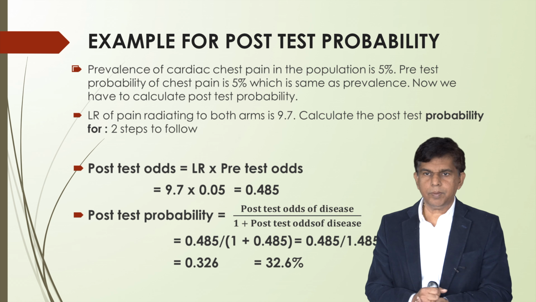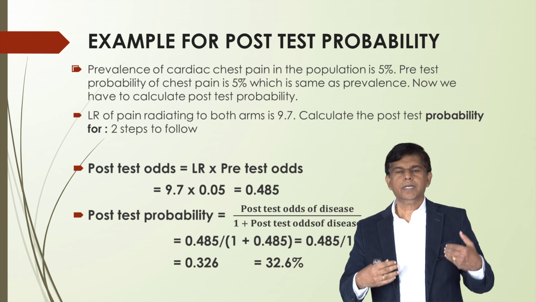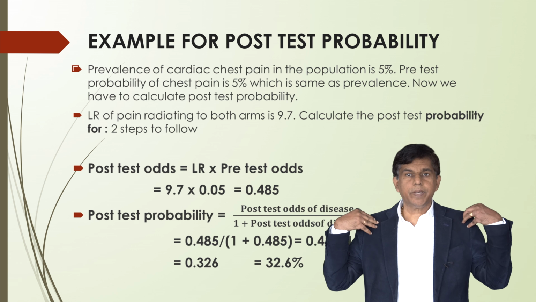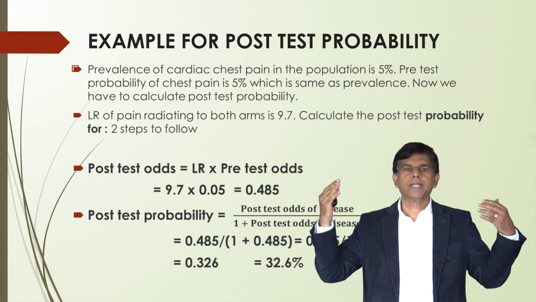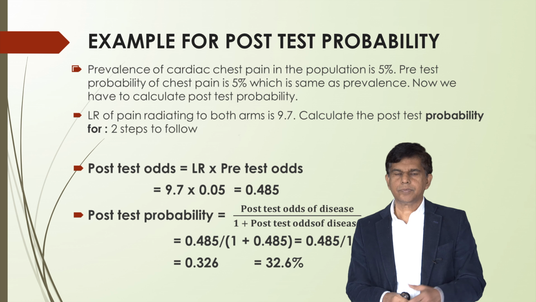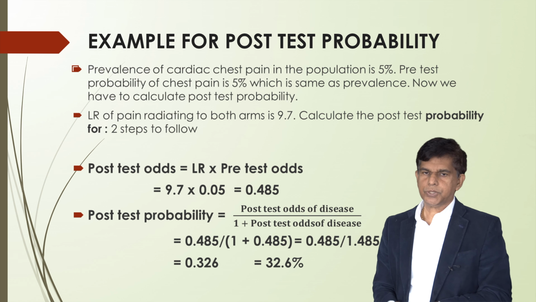So the post-test probability with a likelihood ratio of 9.7, when somebody says I have chest pain radiating to both shoulders, could go up to almost 33%. Remember that. From 5%, you see the jump to almost 33%.